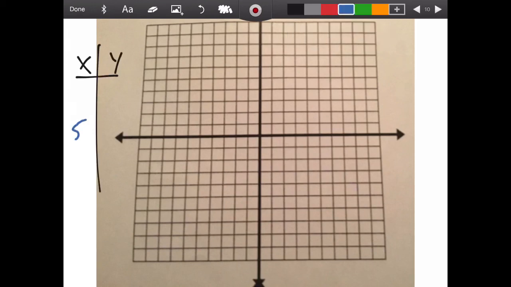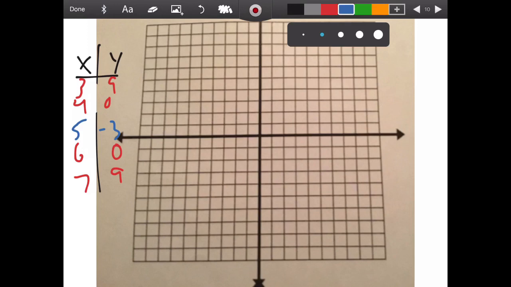With 5, negative 3 being my vertex, 4, 0, and 3, 9, 6, 0, 7, 9, and then we plot, and then we're done. 1, 2, 3, 4, 5, 1, 2, 3, and then the red ones, 1, 2, 3, 4, 6, and then 1, 2, 3.